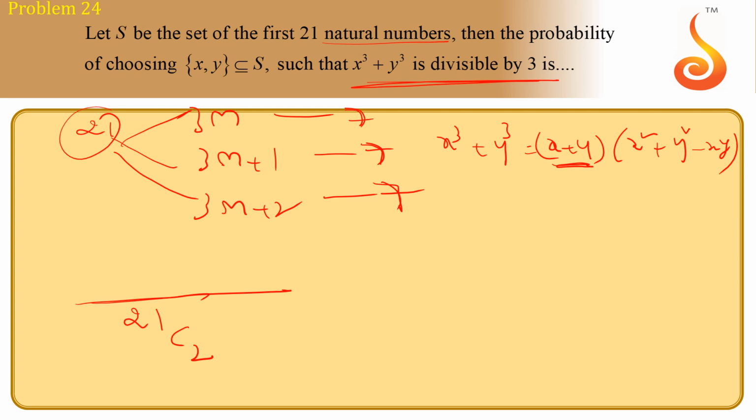So how to get it? If I select the two numbers from the 3m group, or one from 3m plus 1 and one from 3m plus 2, 7C1 into 7C1. That's all. That is the numerator. Simplify, you will get the required probability.